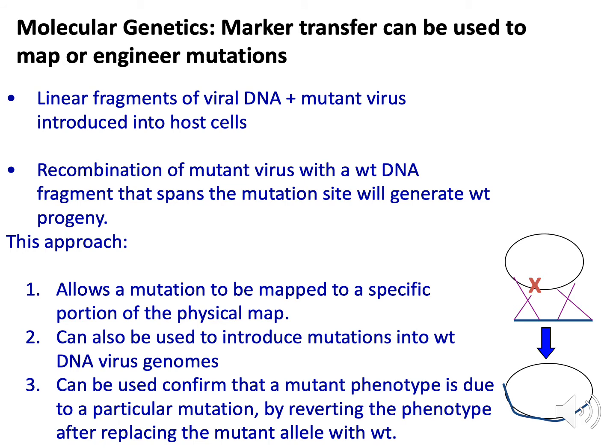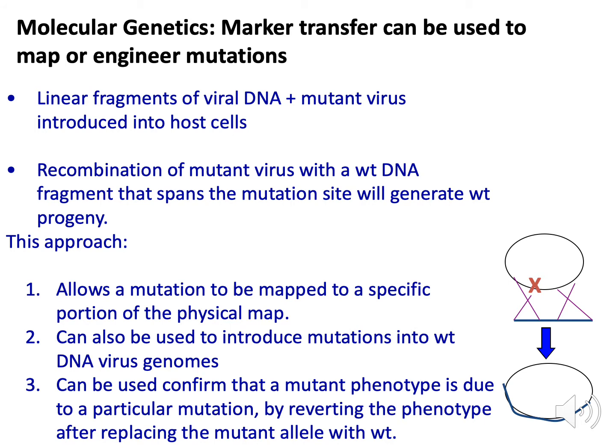We put an X in this diagram, and then introduce those pieces of DNA, the linear fragment of viral DNA and the double-stranded, in this case, circular DNA genome, plasmid, and introduce those into cells, and recombination, homologous recombination, if there's homology on the DNA fragment that spans the mutation site, will generate wild-type virus. And this is called marker rescue. It rescues the virus from the mutation and gives a wild-type phenotype.